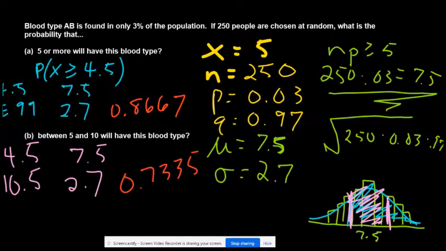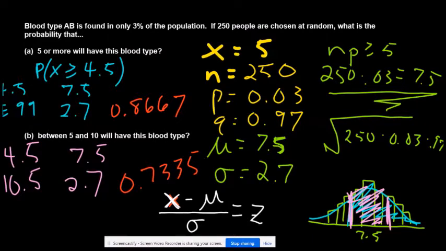Now, a couple things. We could do this using z-scores. If you don't remember that, we take the measurement, whatever measurement we want, so in this case 5, subtract the mu, the average, and then divide by the standard deviation. That gives us our z-score. We could change everything to a z-score and still do the continuity correction.